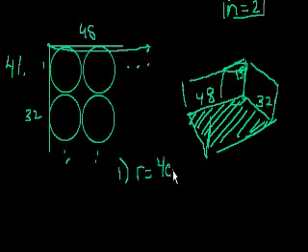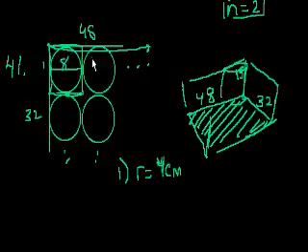Well, if each of them has a radius of 4 centimeters, then we know exactly how much area each of these circles will take up, assuming that they're packed exactly like this. The easiest way to think about it is that if the radius is 4 centimeters, the diameter is 8 centimeters.